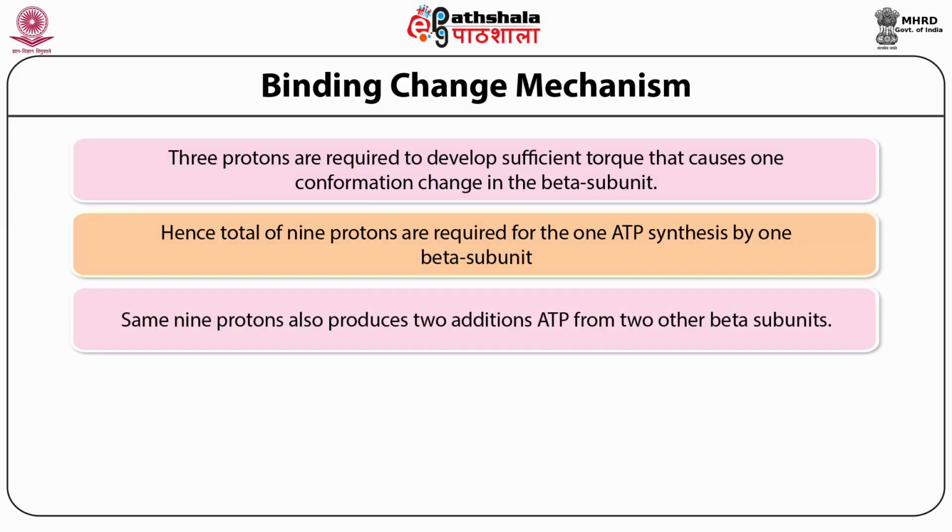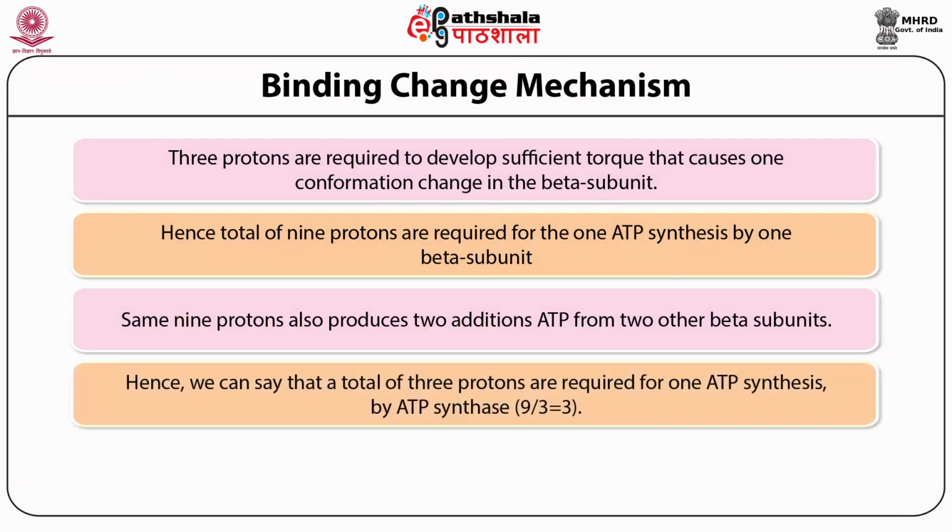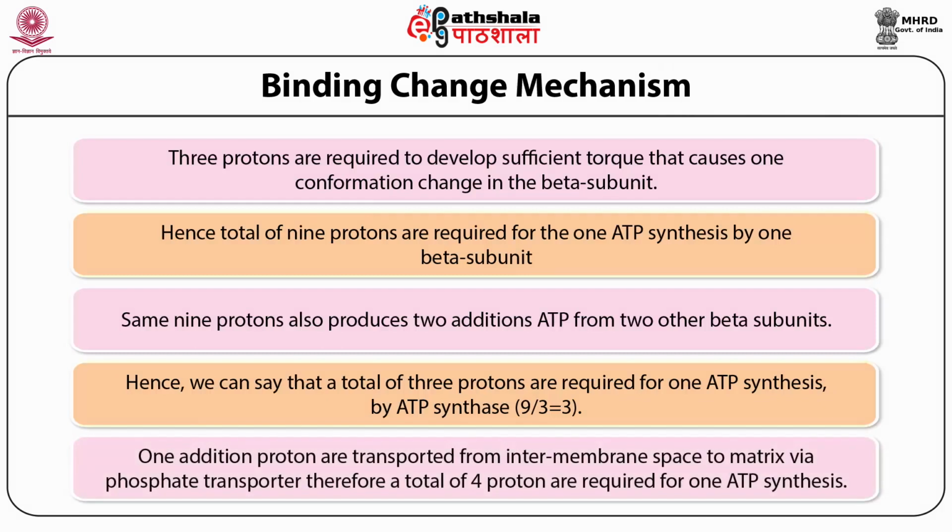But if you remember the structure of ATP synthase, there are 3 beta subunits. So the same 9 protons are also utilized for the production of 2 more ATPs. Therefore, we can say that a total of 3 protons are required for synthesis of 1 ATP, because 9 protons produce 3 ATPs. 1 additional proton is required for phosphate transporters, and that is mandatory when you want your ATP synthesis to continue.